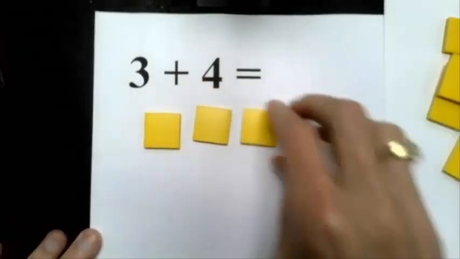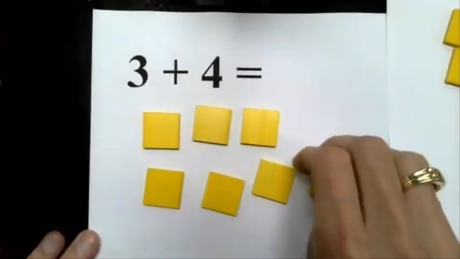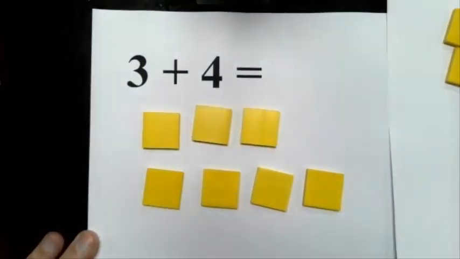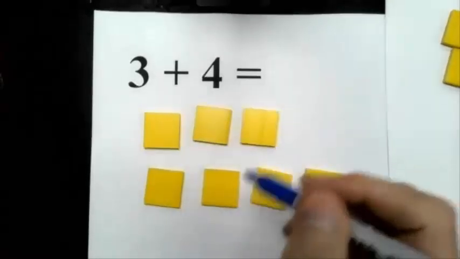When adding, remember, we build both add-ins. So 3 is 4, and the sum is 7. Remember, we are combining the add-ins to find the sum.